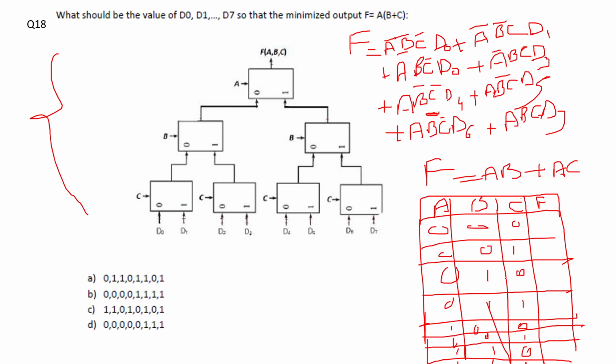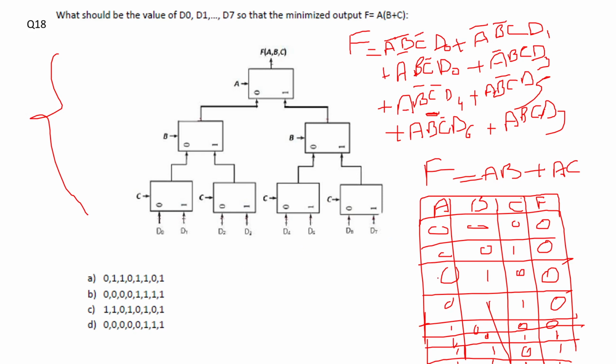So this will be 1 when a b is 1 or a c is 1. So a b, this will be 0, this will be 0, this will be 0, this will be 0, and this will also be 0, this will be 1, this will be 1, this will be 1.